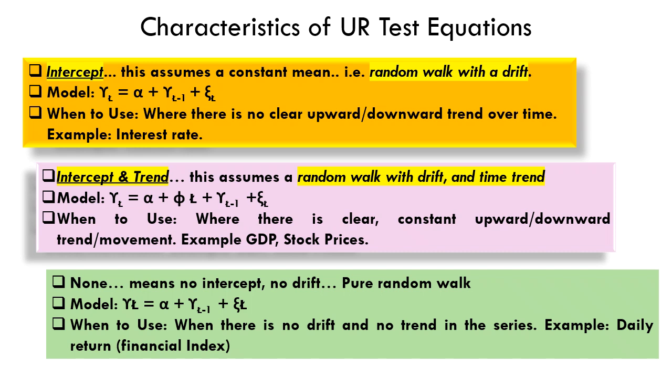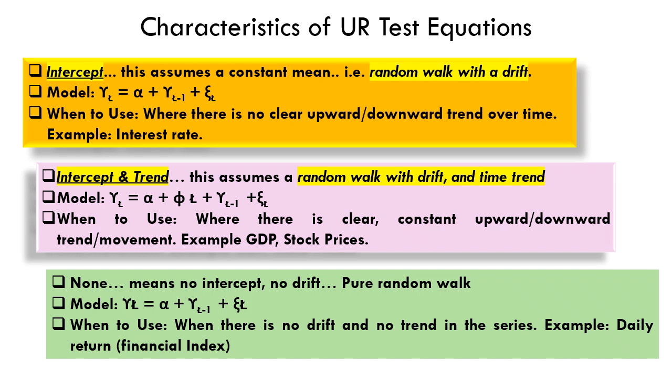Here, the basis of identification, or the feature of that data, is that it shows a very obvious, clear and consistent upward trend or downward trend or movement over time. Some of the economic indicators that could exhibit this kind of movement are often the GDP, the gross domestic product, and of course stock prices over time.